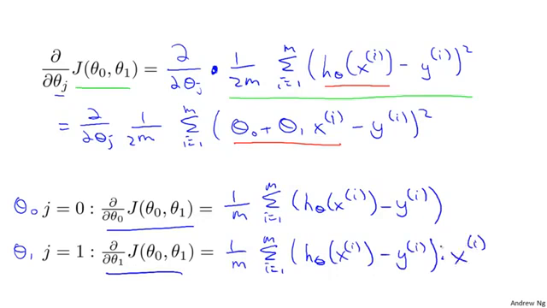Okay? Computing these partial derivatives, going from this equation to either of the equations down there, requires some multivariate calculus. If you know calculus, feel free to work through the derivations yourself and check that if you take the derivative, you actually get the answers that I got.